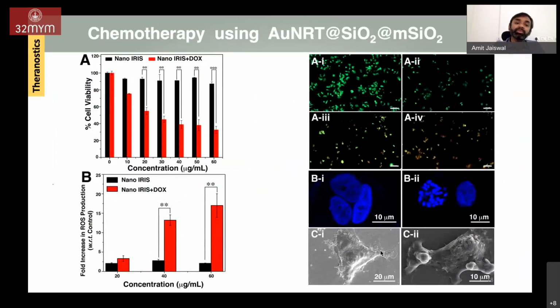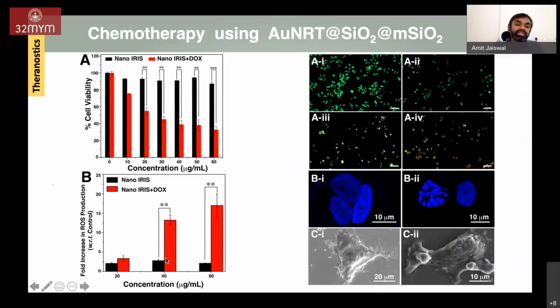Next, we evaluated the therapeutic potential of this nanostructure compared to the non-loaded nanoparticle. With the loaded particle, we can see a significant decrease in cell viability with increase in concentration of the nanoparticle. And we also tried to understand the mechanism of cell death. It is quite established how doxorubicin kills.